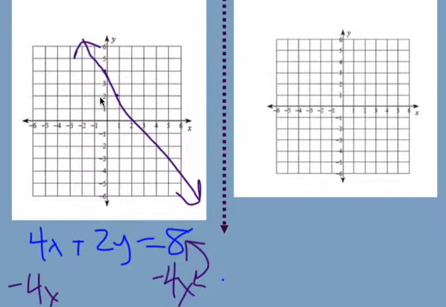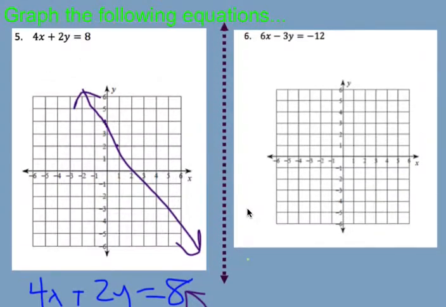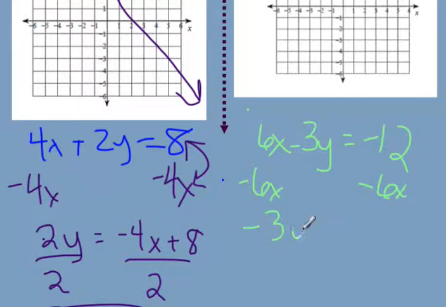Same thing for number 6. I have to solve that for y. So I have 6x minus 3y is equal to negative 12. The first thing I'm going to do, since that's a positive 6x, is subtract 6x from the other side. So I get negative 3y, and again, you can't combine the negative 6x and the negative 12, so I'm going to write each of those terms out.